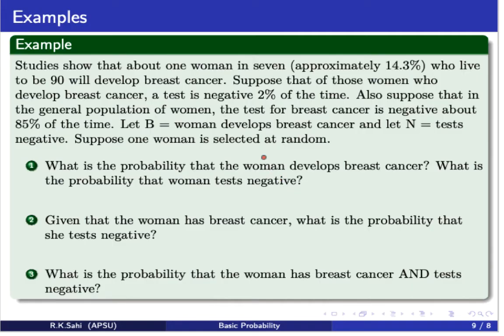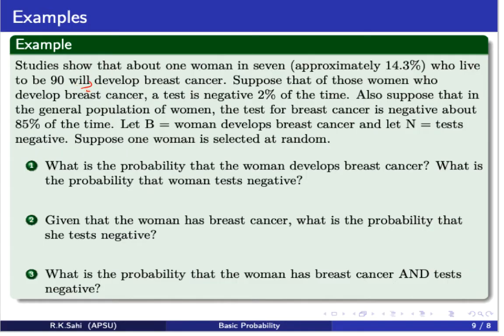Once again, we're going to go back and read the problem again and see how it matches up with the questions we have. The first line says, studies show that about one woman in seven, that is around 14.3%, who live to be 90 will develop breast cancer.